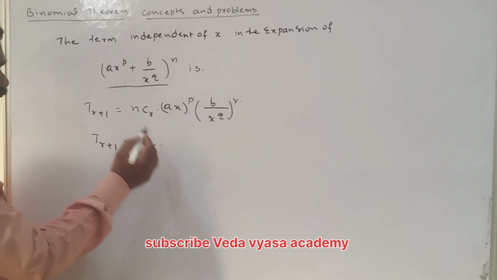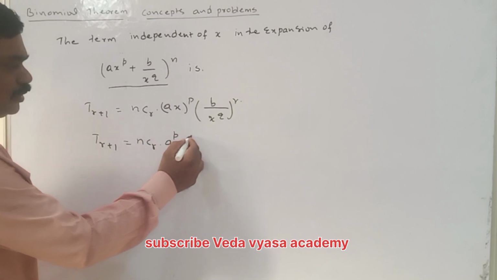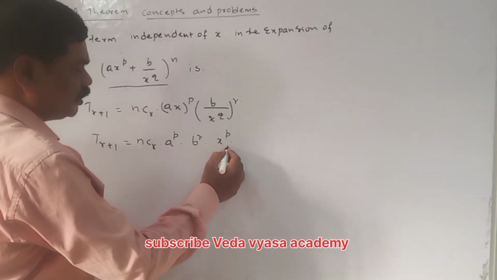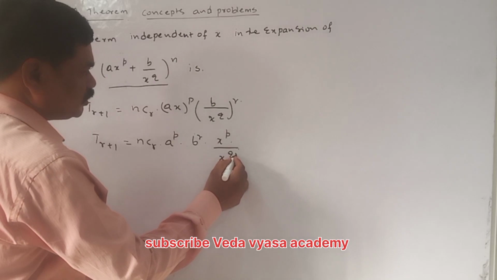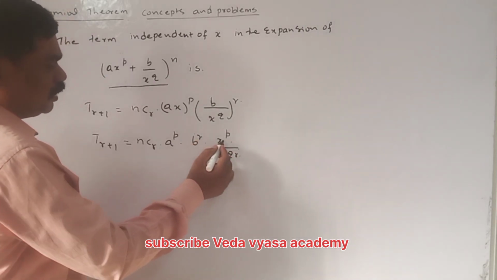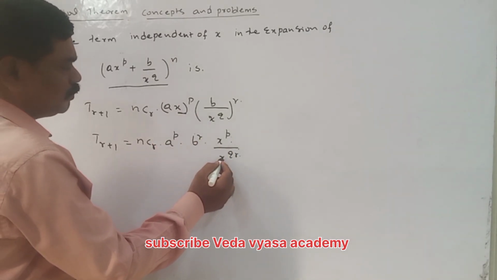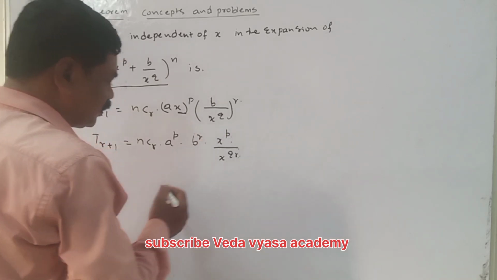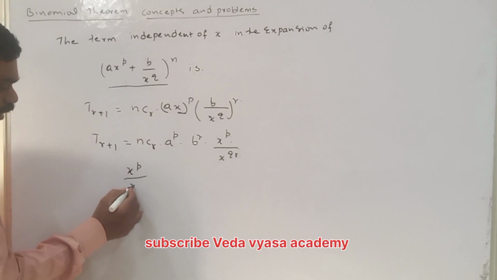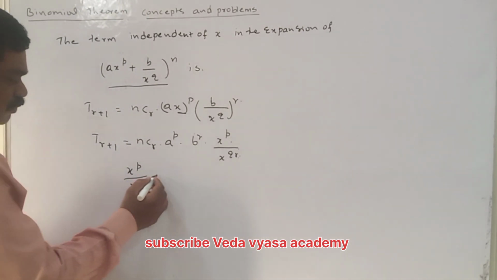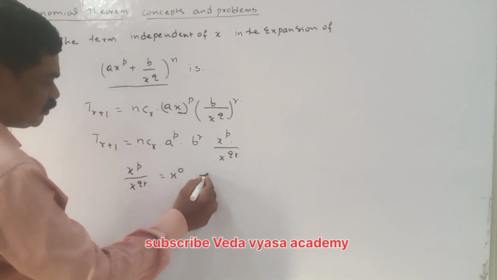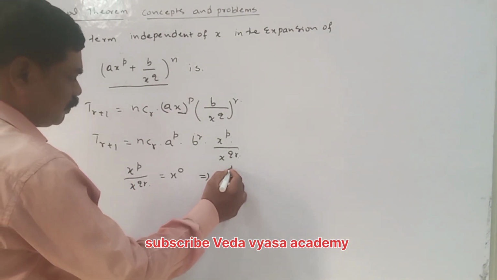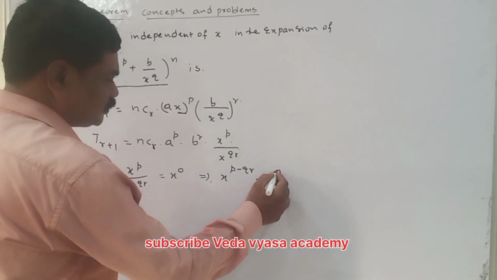T(r+1) = nCr a^p (1/b^r) x^p / x^(qr). So x^p by x^(qr) is equal to x^0.